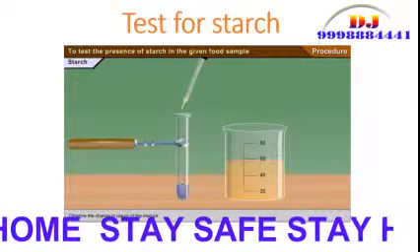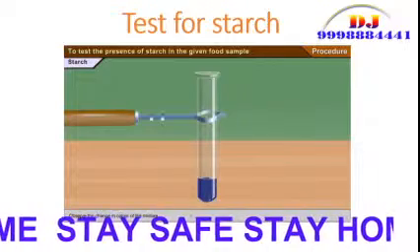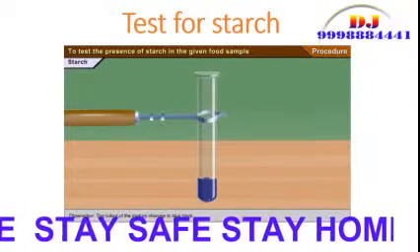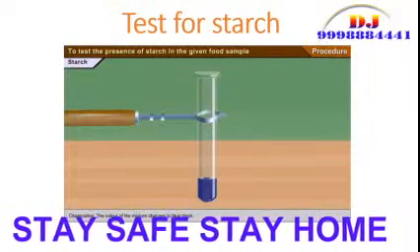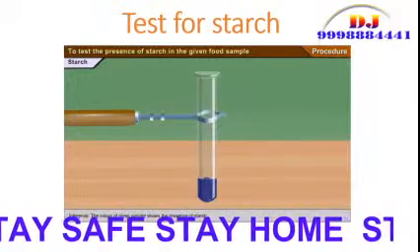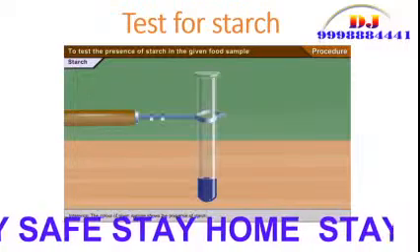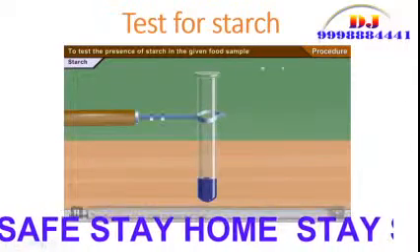Observe the change in color of the mixture. Observation: the color of the mixture changes to blue-black. Inference: the color of the given sample shows the presence of starch.